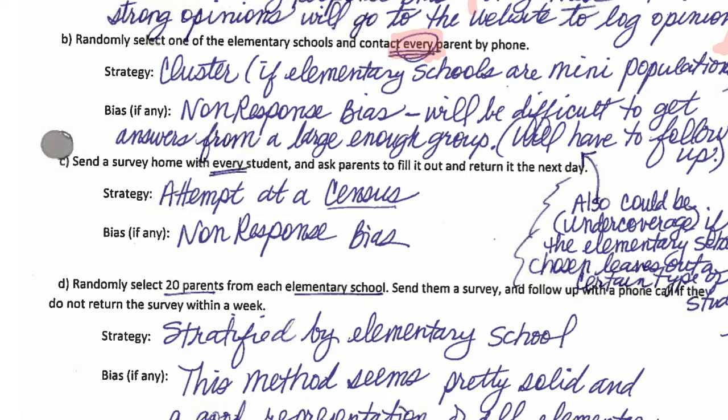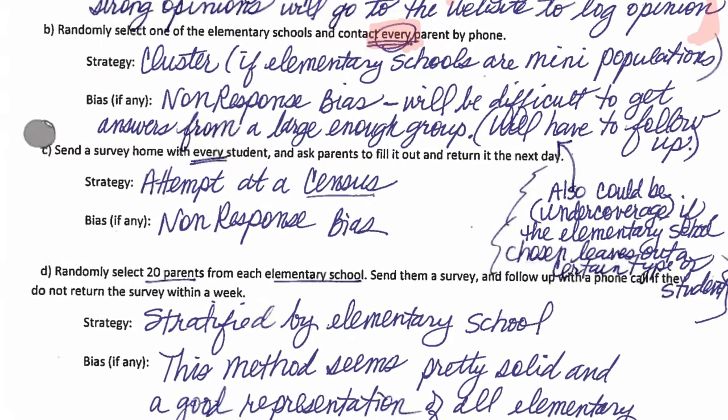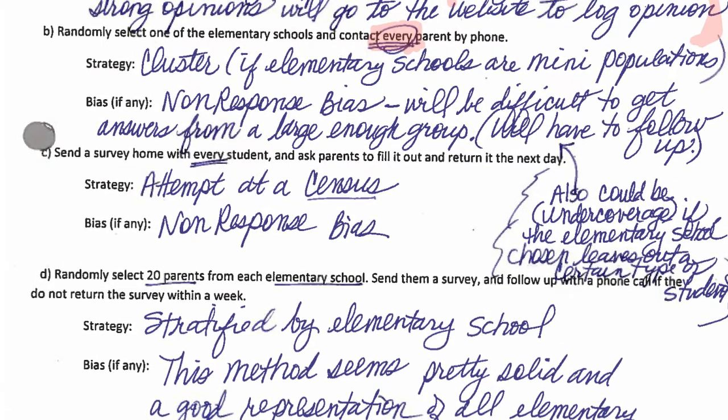Now, I personally have a problem with that, because what is the quality supposed to be of a cluster? Yes, a cluster is supposed to be a miniature representation of the population. Do you think every one of those 20 elementary schools in a big city is like the others? No. So I think that's why this is a poor method.